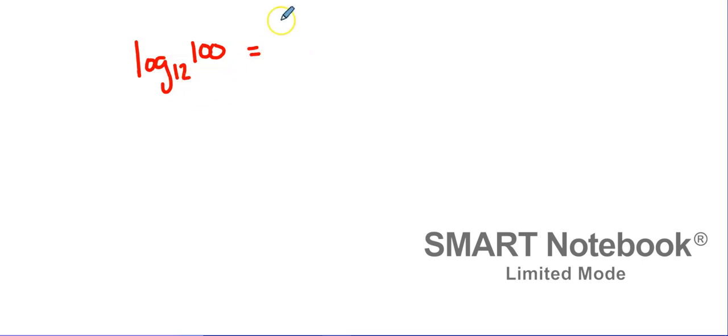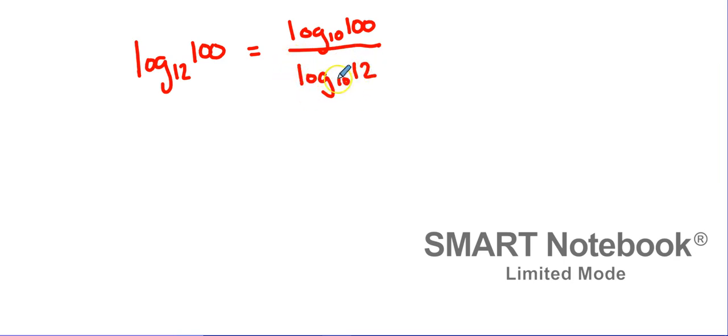And guess what base I'm going to use? I'm going to use base 10 because I know my calculator can handle that. So this is equal to log base 10 of this number up top here. So that's 100 over log base 10 of 12.